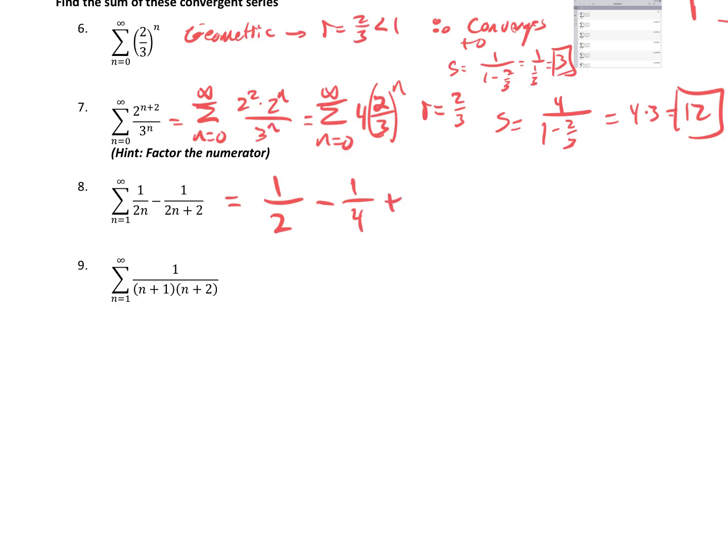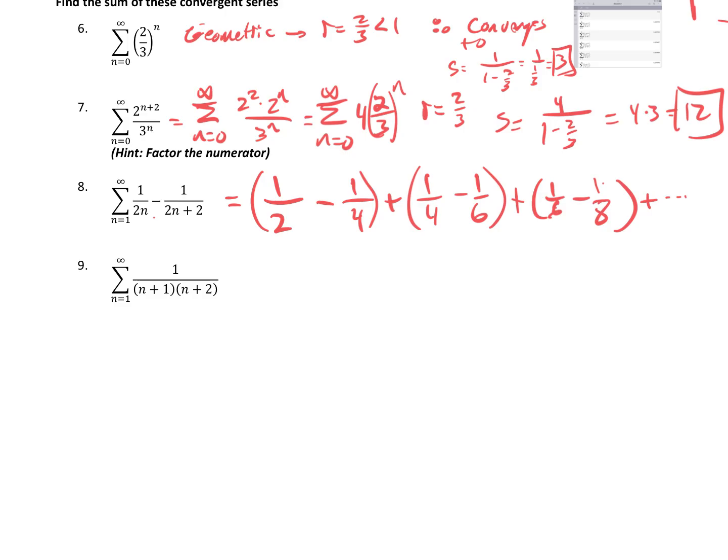Plus, second term, plug in 2, we get 1/4 minus 1/6. That's the first term, second term, third term. Plug in 3, we get 2 times 3 plus 2, which is 8, so 1/8.